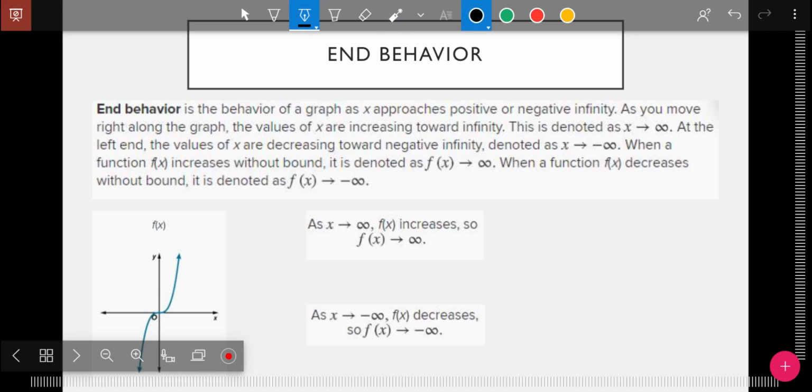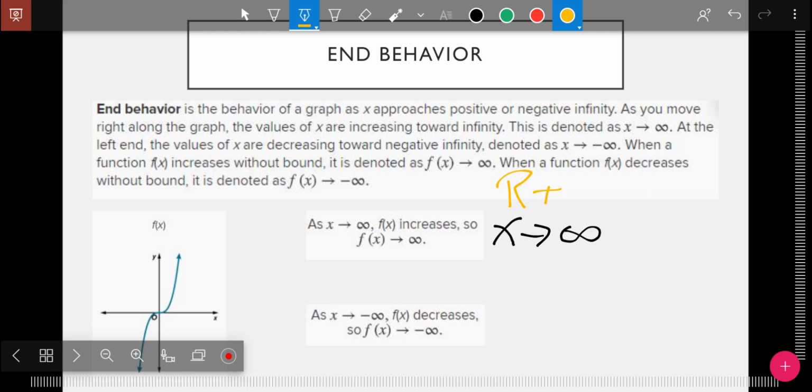It's writing it that's the challenge. This expression right here, as x approaches infinity, is saying as it goes right. It's just a fancy way to say right.